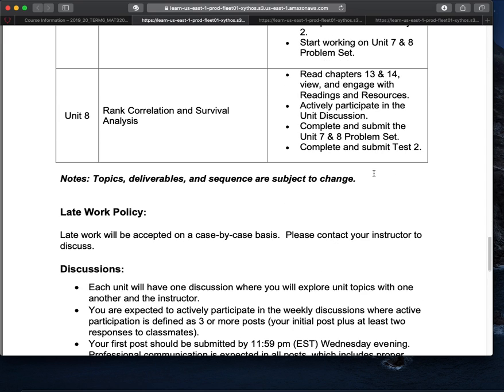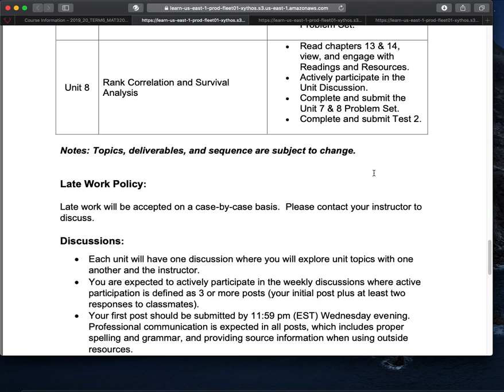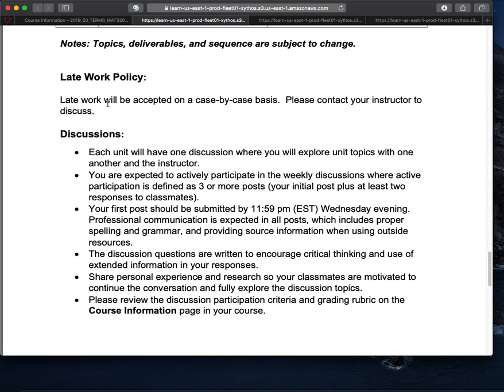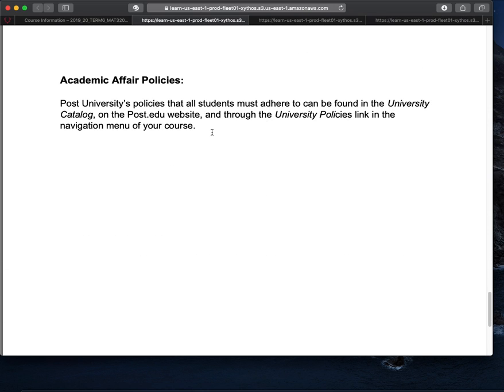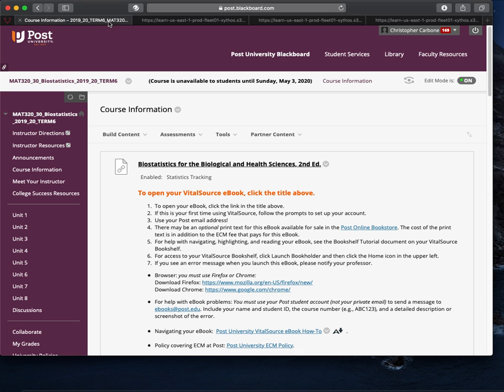And the rest of the course is the same way. The late work policy for this class will be on a case-by-case basis decided by me. The discussions, we've already discussed that. The academic affairs policy, for you to adhere to those different policies, you can find that in the university catalog or on the college's website, but that's pretty much the same in all courses.